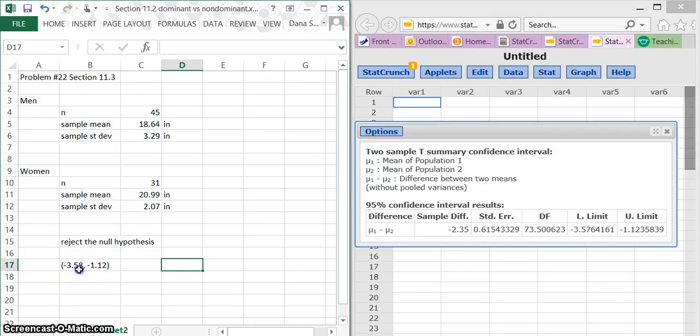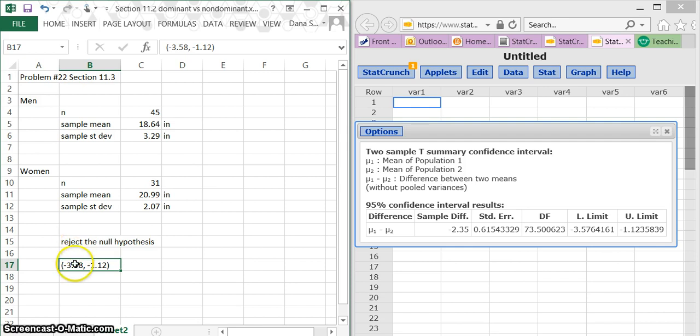The confidence interval we wrote down is negative 3.58 to negative 1.12. 0 is not in that interval, and so it's a reject because the hypothesis test is saying reject, and the confidence interval does not have 0 in its interval.